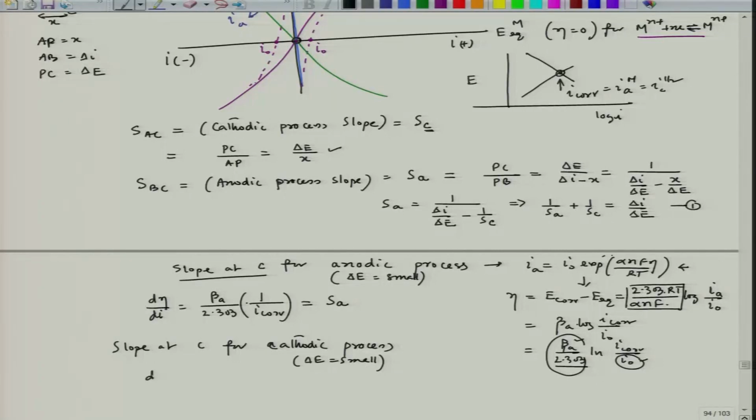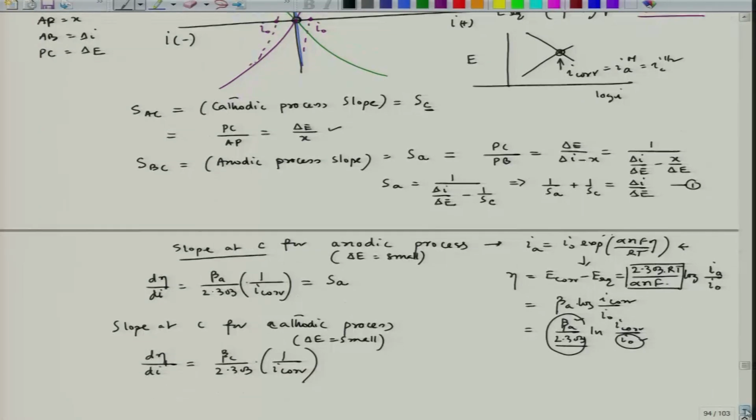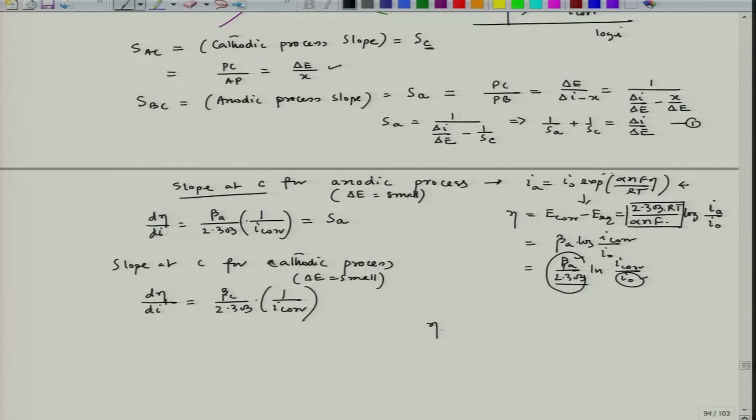So that time dη/di would be equal to β_C/(2.303 I_corr), since η_C would be equal to β_C 2.303 ln(I_corr/I0).